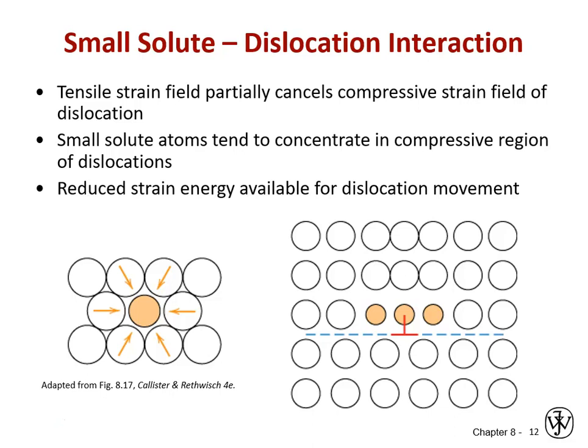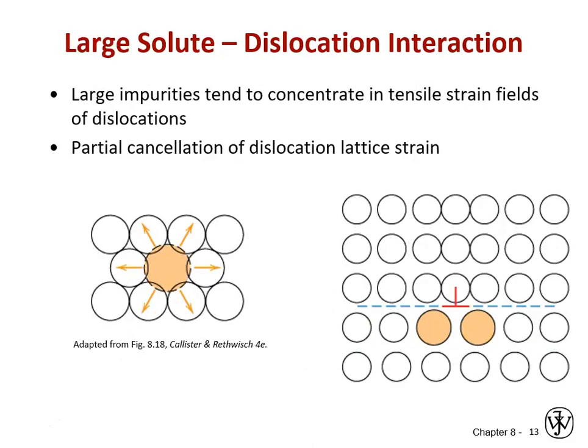And a dislocation encounters this tensile strain field, and if those small solute atoms are on that upper plane where the dislocation has a compressive strain field, they'll cancel and the dislocation will just sit there. Or it'll say, give me more stress to move.